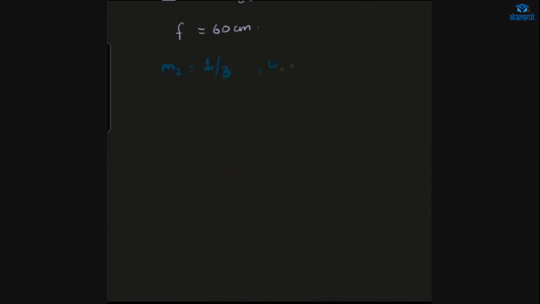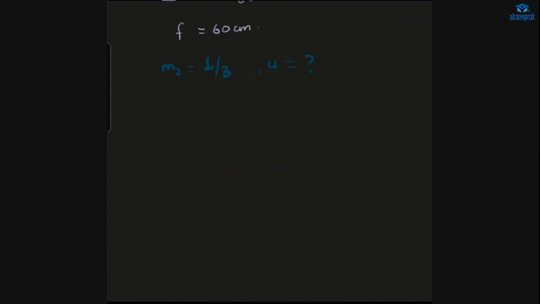Fine, we have to find u. Let's see what the relation between u and v comes out to be. Once we find the relation between u and v, we can find u and v using the mirror formula.